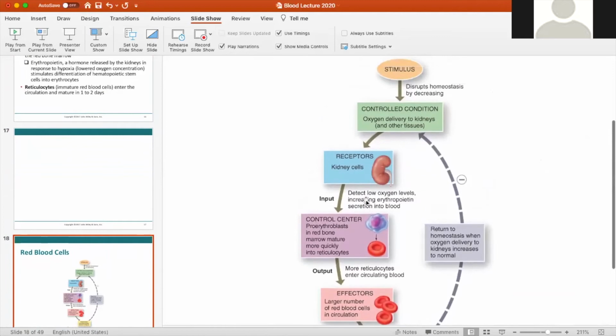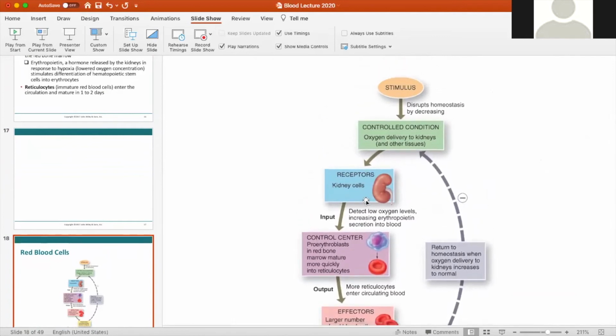Okay, so this is a diagram here of just what we went over. So what are the effects? I want you to think about something for just a second. Let's say that we had somebody whose kidneys were not functioning properly. I want you to go ahead and use your chat box here, and I'm going to be watching.